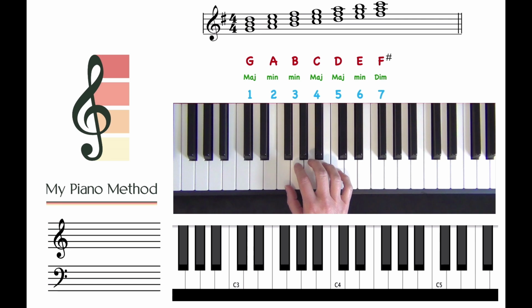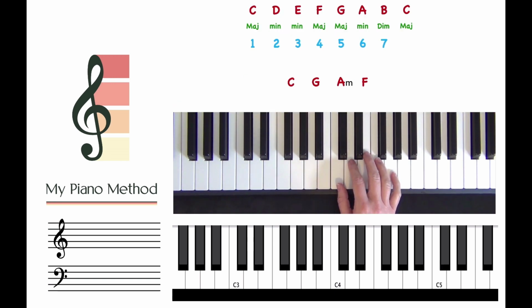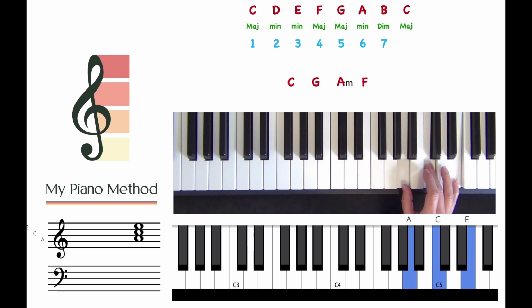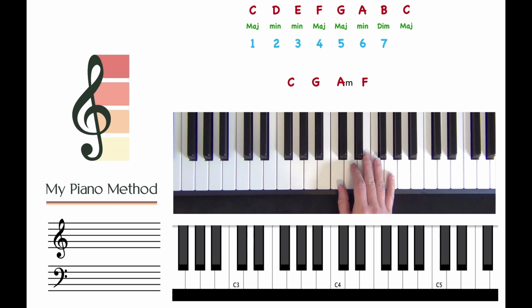So if we go back, now that we know this numbering system of chords 1 to 7 on every scale, if we go back to those first 4 chords I gave you from the C major scale at the very start of the course, the chords were C, G, A and F. Now if you notice, the C is the number 1 chord, the G is the number 5 chord, the A is the number 6 chord, and the F is the number 4 chord.